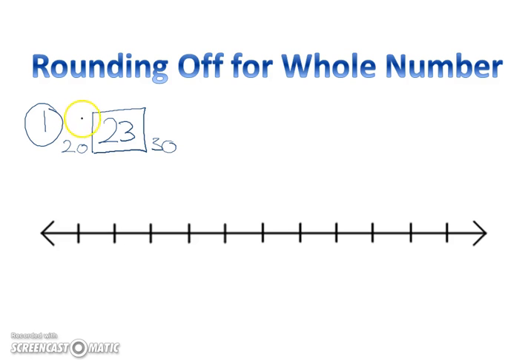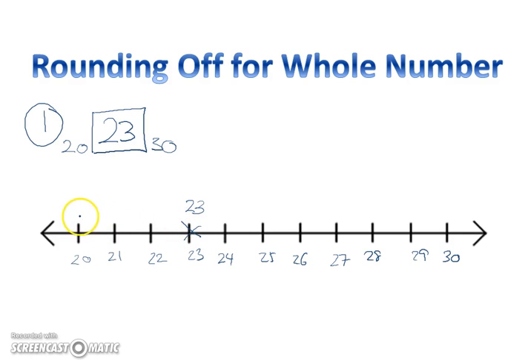Now first, let's label all the numbers. We should have 20, 21, 22, 23, 24, 25, 26, 27, 28, 29, 30. 23 is here.